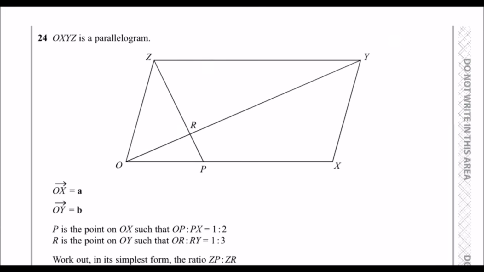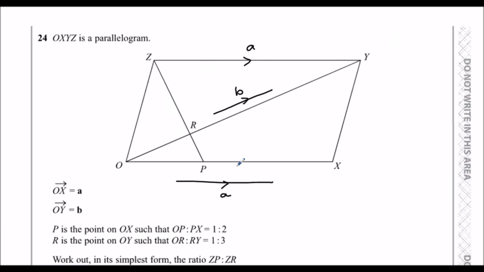Question 24. OXYZ is a parallelogram. O to X, the whole of O to X is called A, which means Z to Y will also be A, because the opposite sides of a parallelogram are equal. And O to Y, the whole of O to Y, is called B. P is the point on OX, such that OP to PX is 1 to 2.